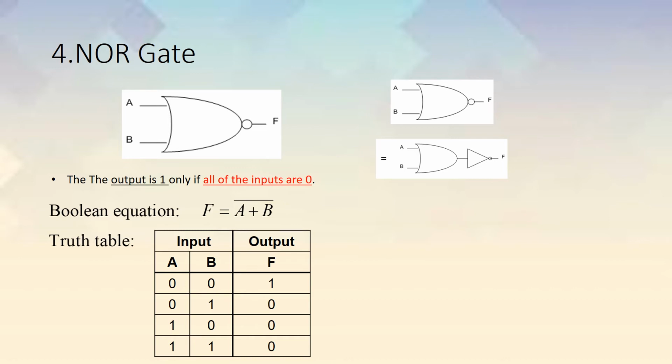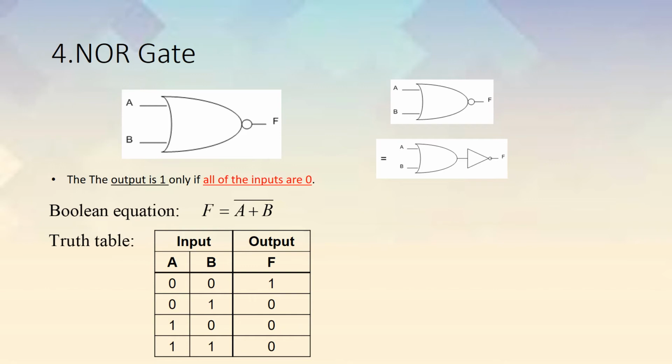If A and B are the same, we get an output not the same value as the A and B inputs. For example, if A is 0 plus B is 0, we must invert the value and we get 1.